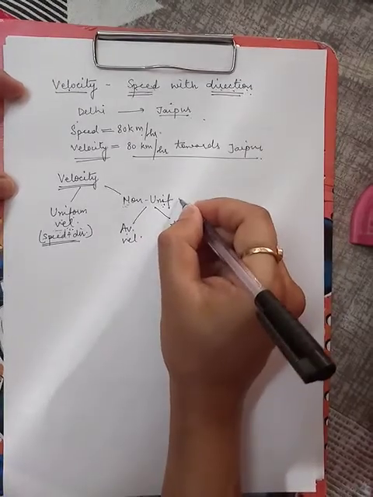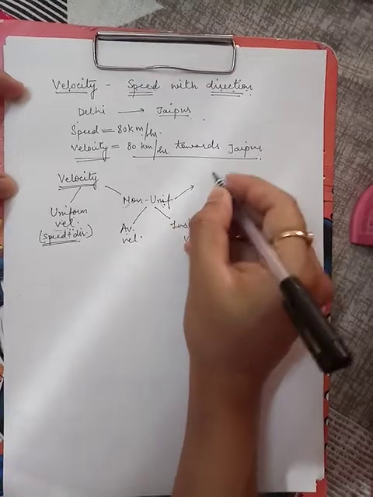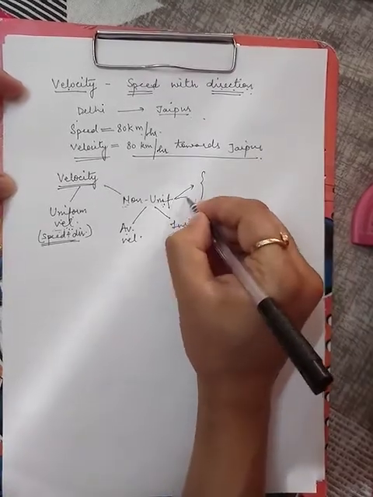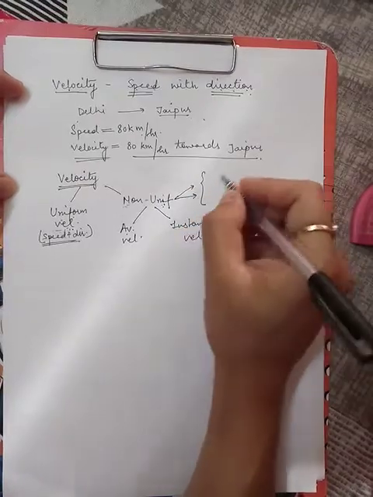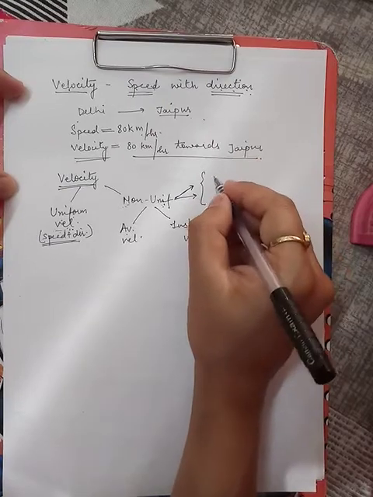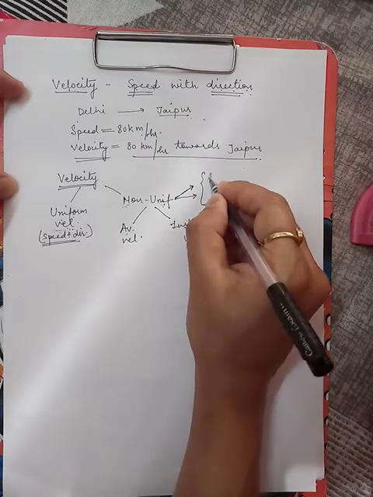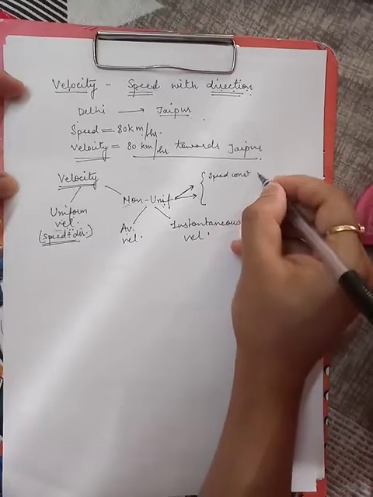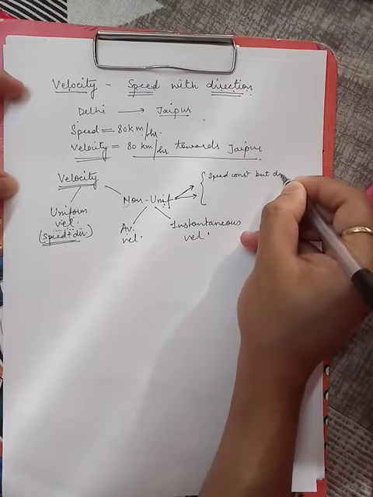So what can be the cases for this one? For non-uniform velocity, one case is when our speed is constant but the direction changes.